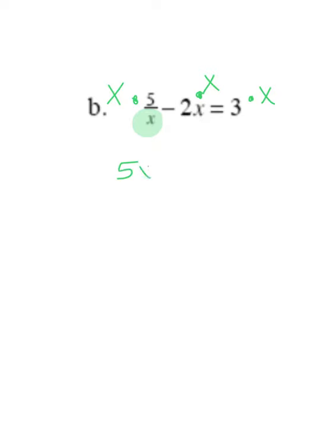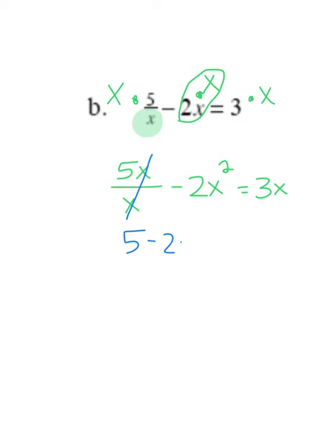So we're going to get 5x over x minus 2x squared, because it's 2x multiplied by another x, equals 3x. In fractions, the x over x cancels out. That was why we multiplied by x, to get rid of that denominator. So we have 5 minus 2x squared equals 3x.